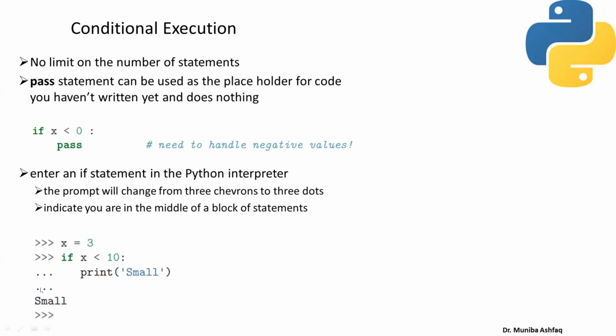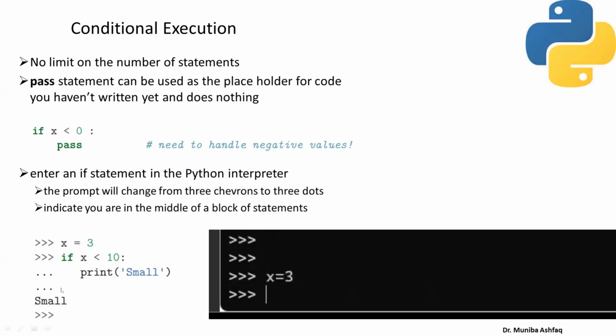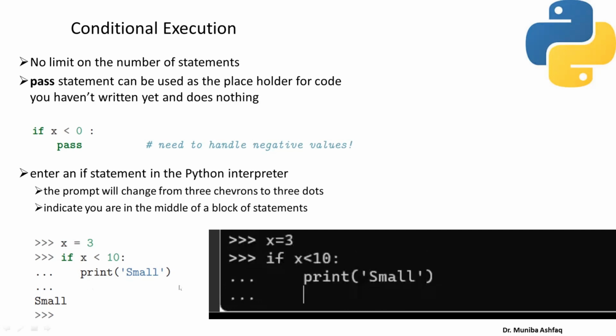After that we have this dots sign instead of the chevrons. If you leave it blank, or empty, you get the result on the screen. But if you want to do something more, you have to write the statements right below this point, if you want all these statements to be executed under this if statement.